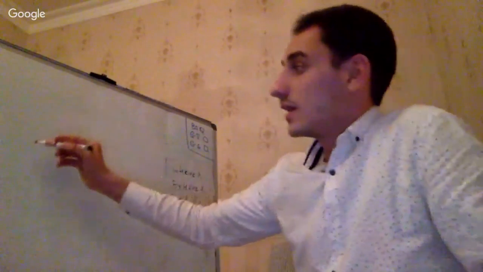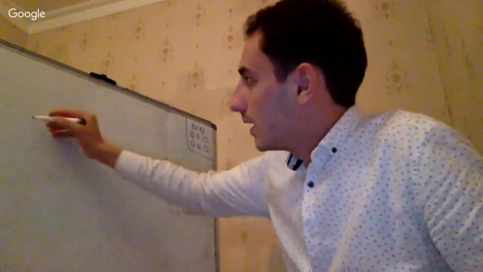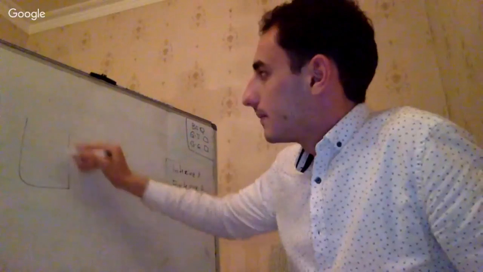Now, okay, Arif. So, for the pie chart, first I need to be given a table, a frequency table or something like this, a kind of statistical information. Let's say I have a table.